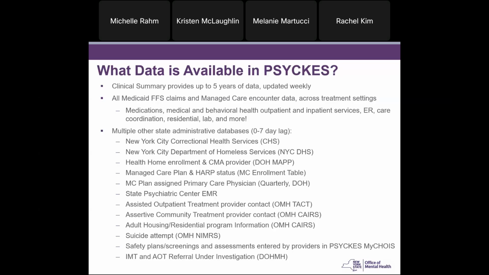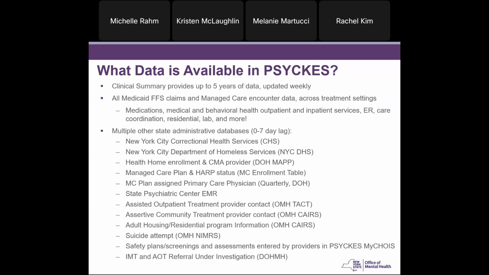The first is our newer data source, the New York City Correctional Health Services data, and that includes information on provider name, jail admission date and discharge date, release to, placed in jail mental health residential treatment if applicable, any behavioral health diagnoses, and then if there's a scheduled follow-up or referral.